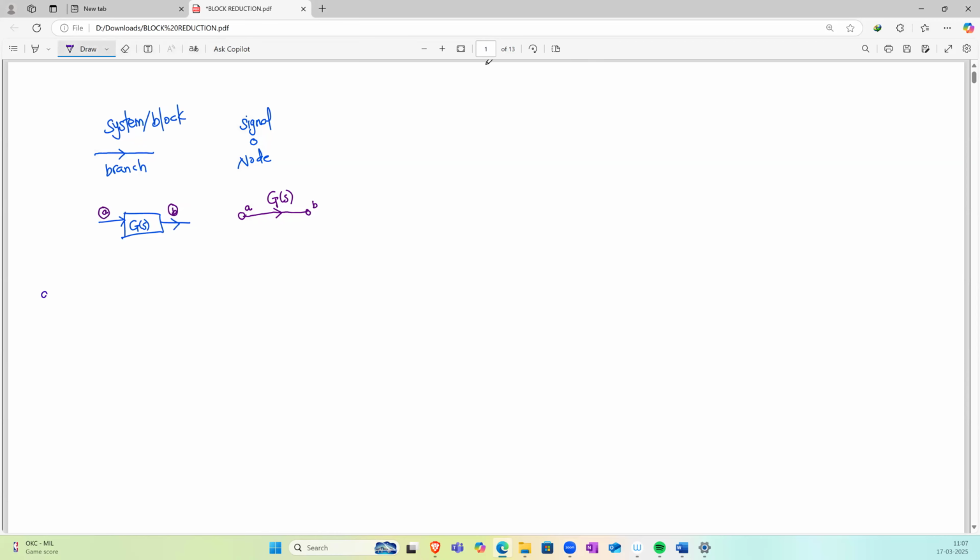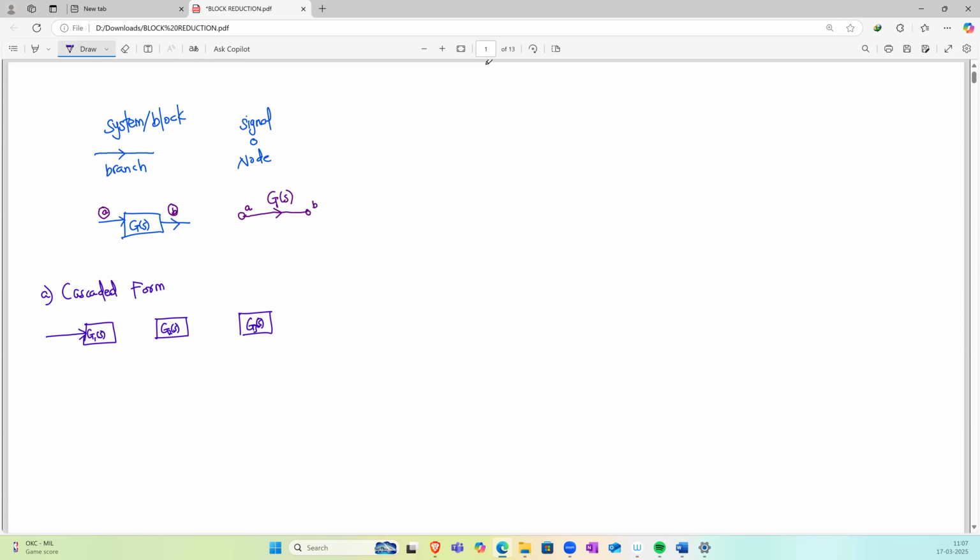You set the cascaded form in such a way that you have at least two blocks or systems cascaded together. So if you have the first system here with a transfer function of G1 of S, the second one with G2 of S, and the third one with G3 of S.